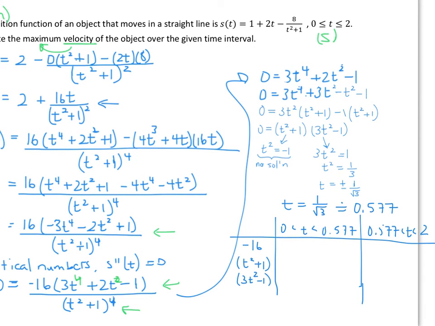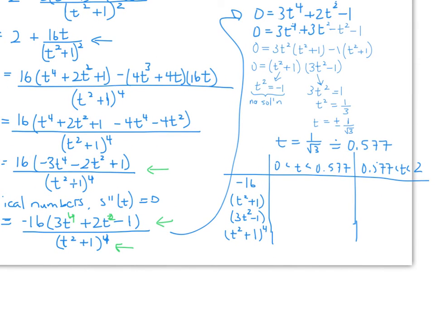And then the denominator was t squared plus 1, all to the exponent of 4. Those things collectively make the derivative of my velocity function.